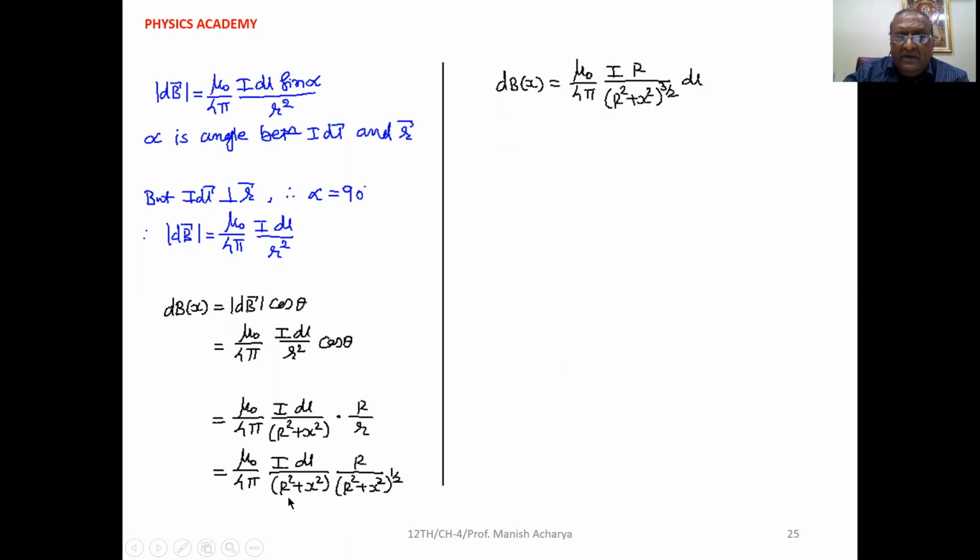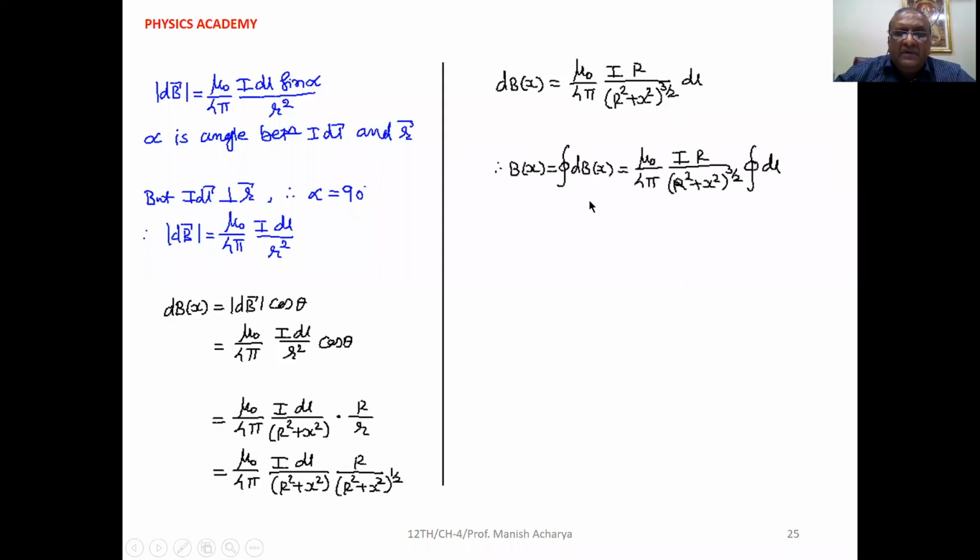So in the denominator, R square plus x square raised to 1 into R square plus x square raised to 1 by 2 will resultantly give you R square plus x square raised to 3 by 2. So now our equation turns to dB at x equal to mu 0 upon 4 pi I R upon R square plus x square raised to 3 by 2 dl. Clear to all of you up to this one?